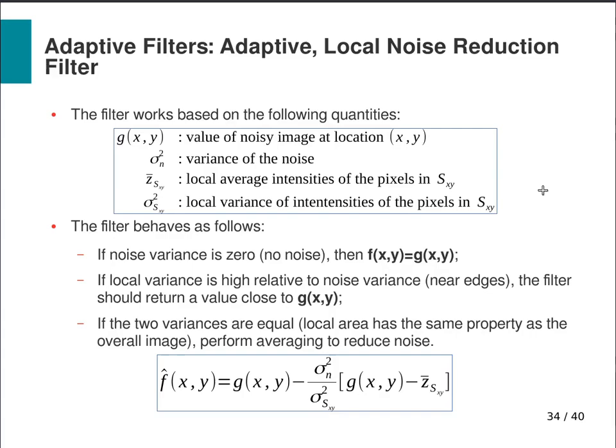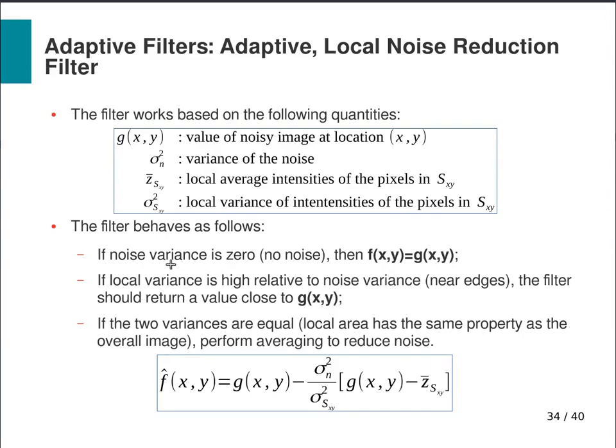So let's see what happens if we put all these requirements into an equation. f hat x and y equals g of x and y minus sigma n squared over sigma s xy squared multiplied by g of x and y minus z bar s of x and y.